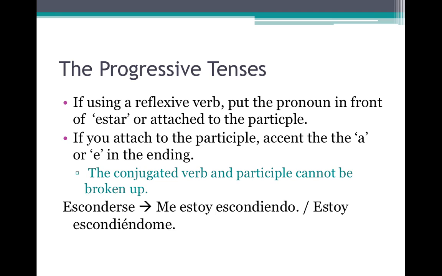Or you can attach it to escondiendo and you have to accent the E. Escondiéndome. Because the natural accent when you just say escondiendo is on that E. So when you add that pronoun at the end, it would change the way you pronounced it, so you have to maintain the original sound of that participle.